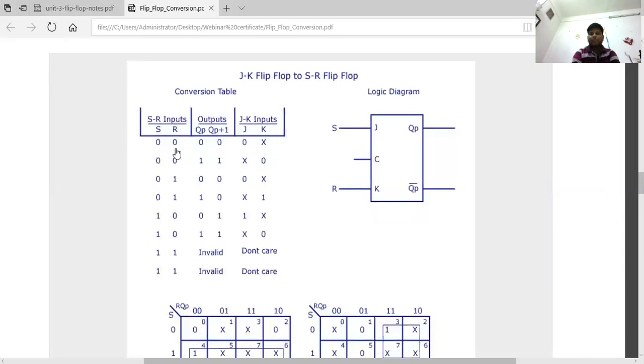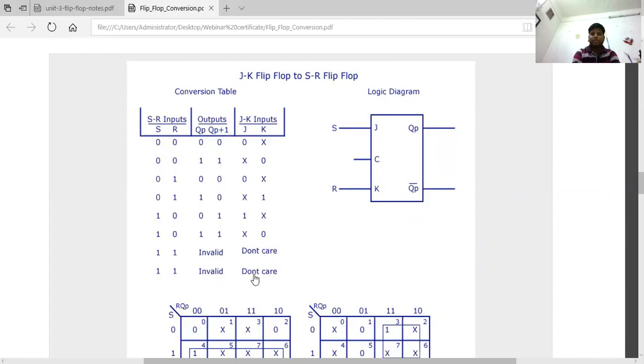For SR flip-flop: 0 0 gives no change, 0 1 is reset, 1 0 is set, and 1 1 is an invalid state.